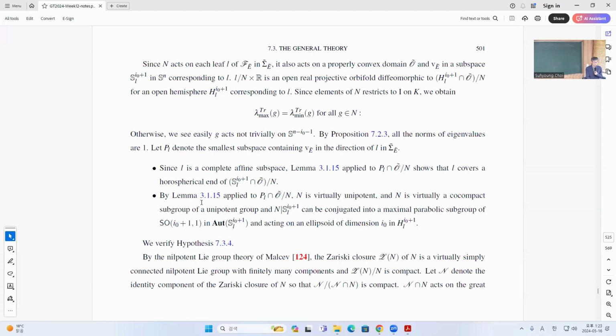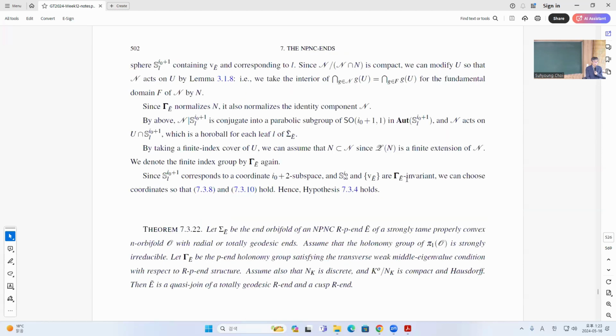That's what we proved in chapter three. So we have this kind of situation where there's a horosphere and then the N here, and everything else is according to these hypotheses, so it will hold.